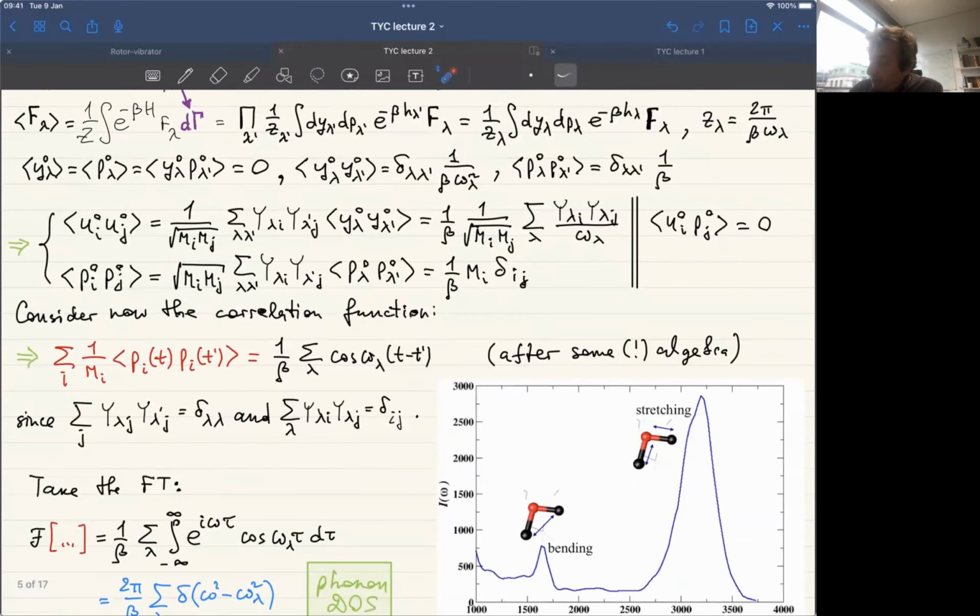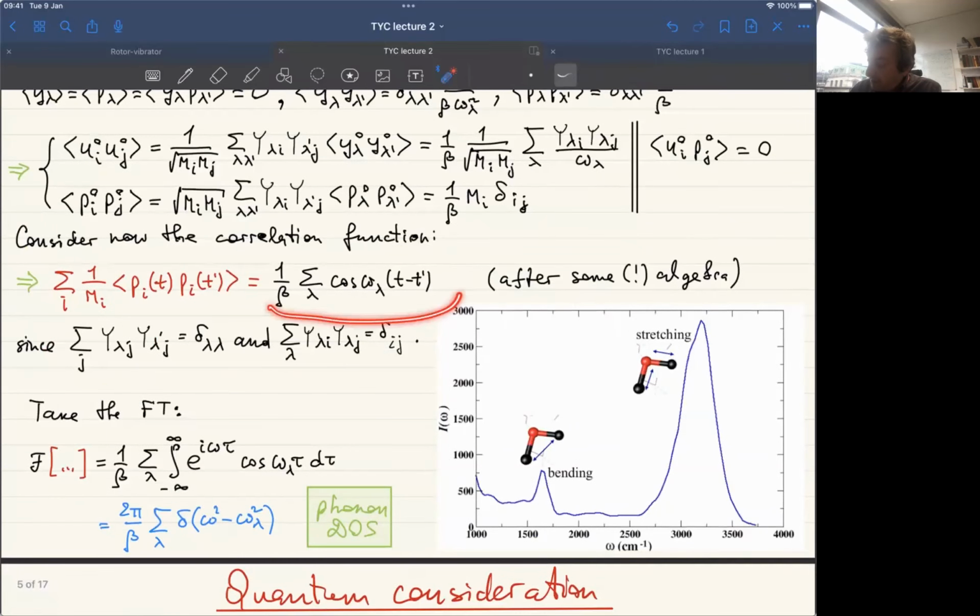And if you now take the Fourier transform of both these sides, you will obtain that on the right-hand side, you have a sum over delta functions, omega square minus omega lambda square, summed over all normal modes. So this is actually the phonon density of states.